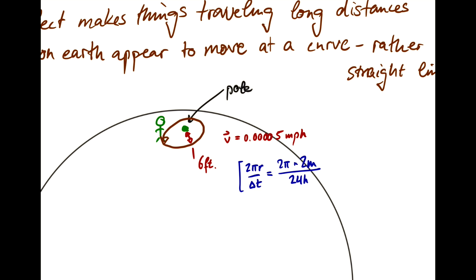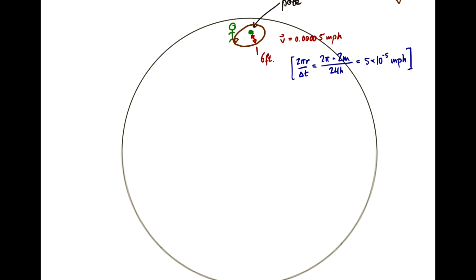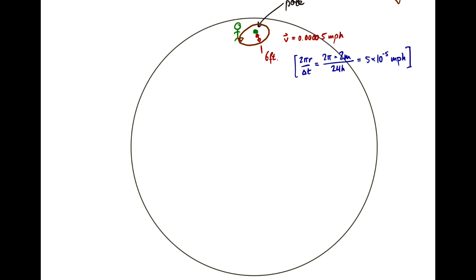And if you perform that calculation and make sure that you turn 2 meters into miles, you'll get 5 times 10 to the minus 5 miles per hour, approximately.